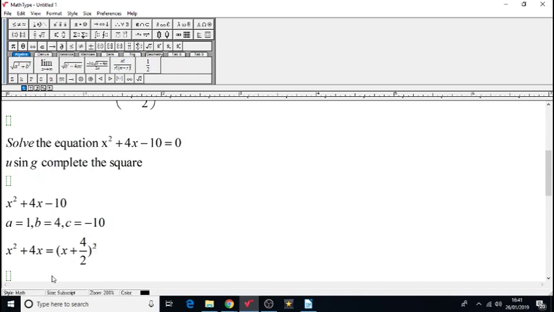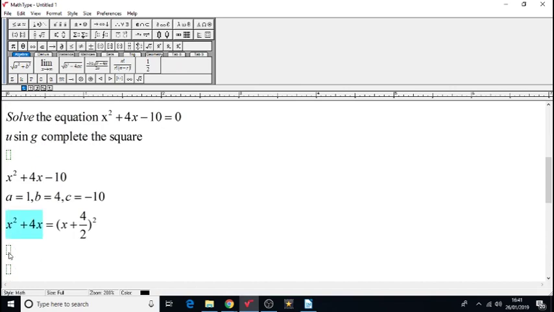And make sure they match each other. So therefore now you have x squared plus 4x is equal to x plus 2 squared. So now we're going to work out what x plus 2 squared is.